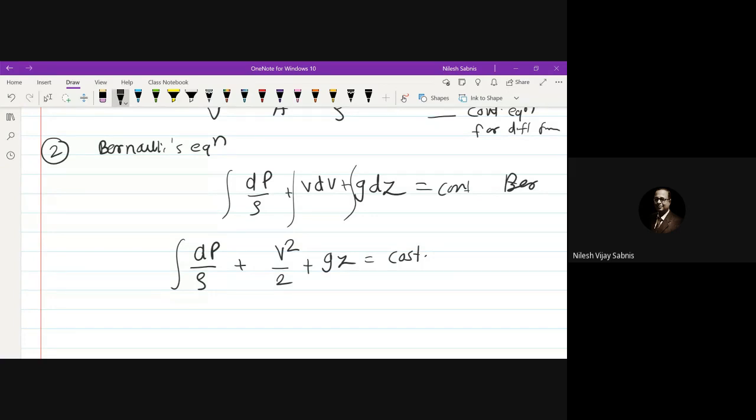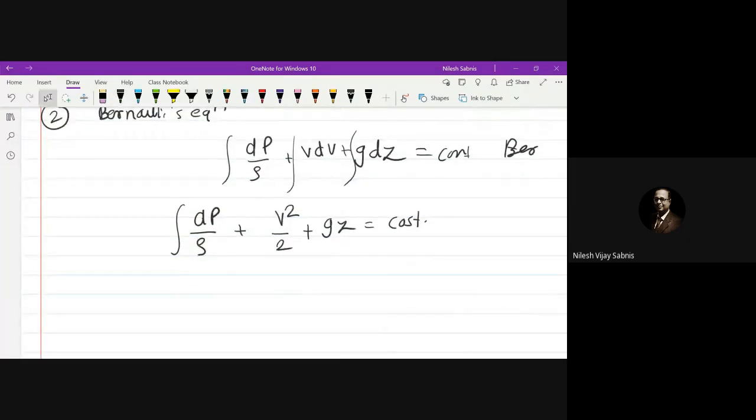For incompressible flow, density is constant, so we can convert dP by rho to P by rho. But in compressible flow, density is not constant, hence density cannot be taken outside the integration sign.